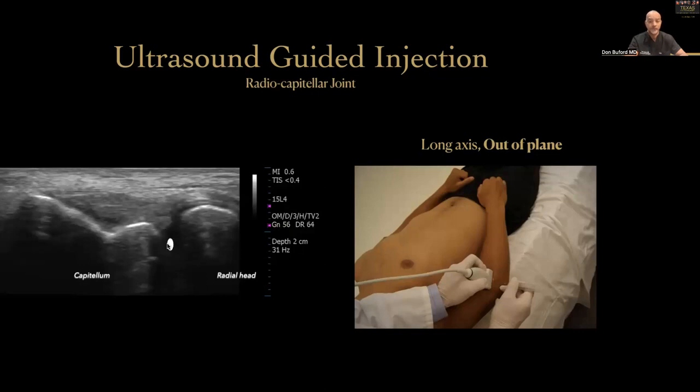A lot of times with a larger elbow, this out of plane approach is nice because it's a little bit easier to manage, to get this basically right over or right under the central part of the transducer and bring your needle straight down until you hit bone. And that way you have a hard bony stop and you can inject your PRP or what have you right there.